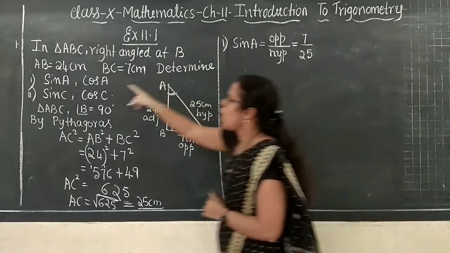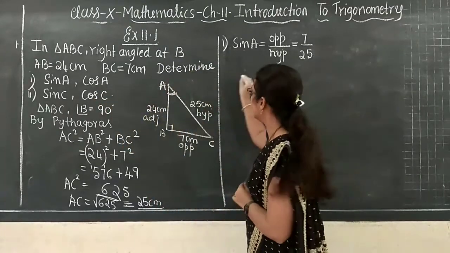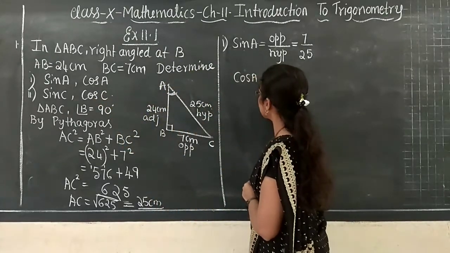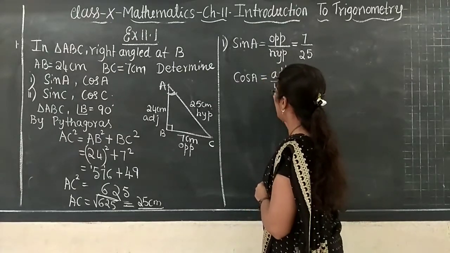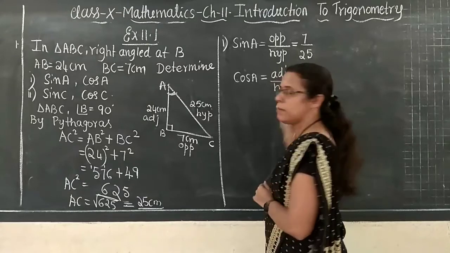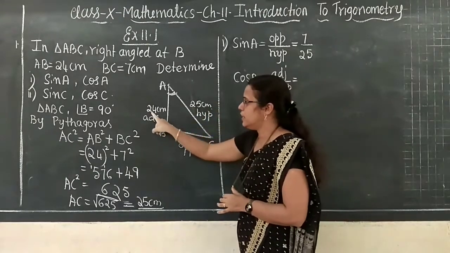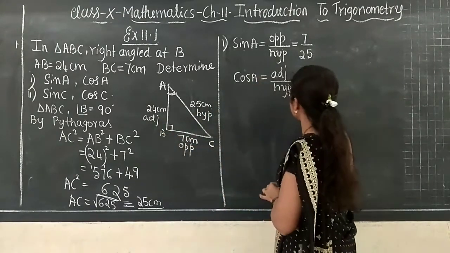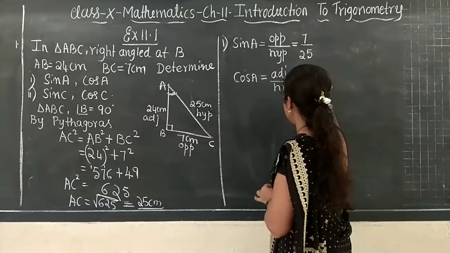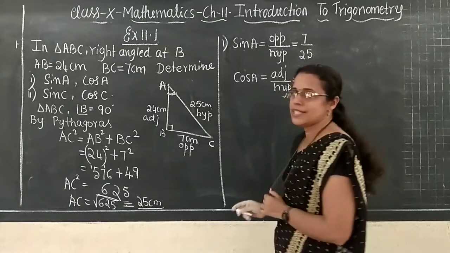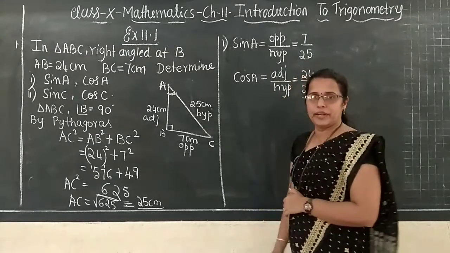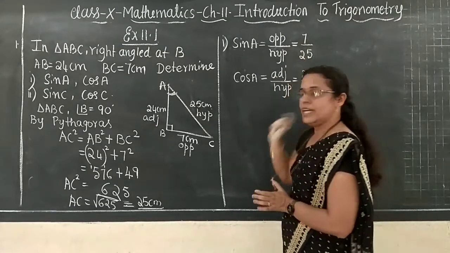Now cos A, let us find cos A. Cos A means what, children? Cos A means adjacent by hypotenuse. Which is adjacent? 24 centimeter. Hypotenuse is 25. So what is the final answer? Cos A is 24 by 25, and sine A is 7 by 25.